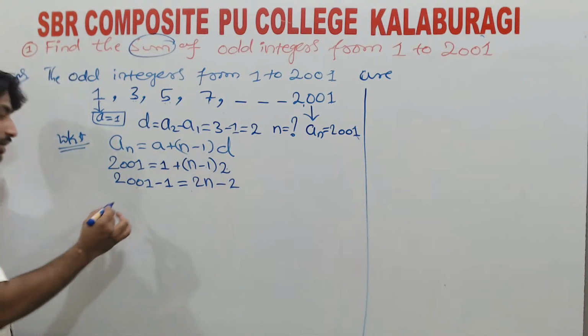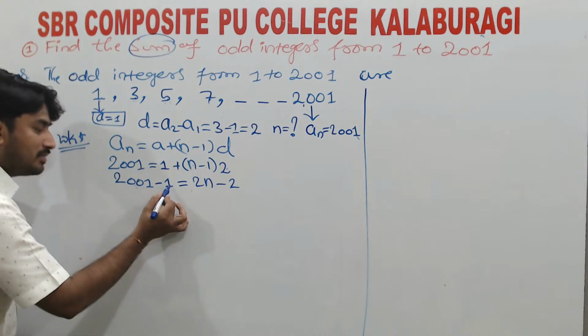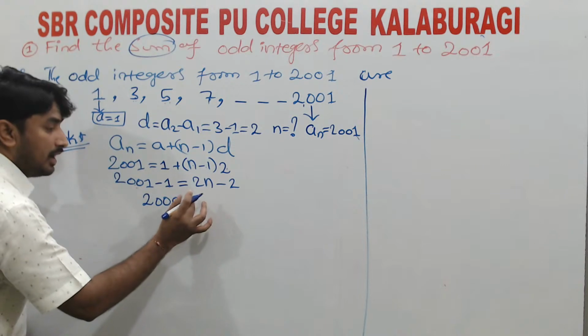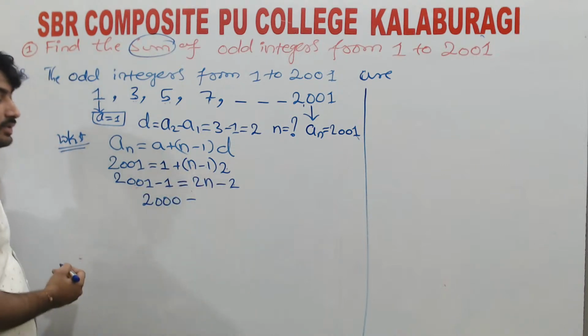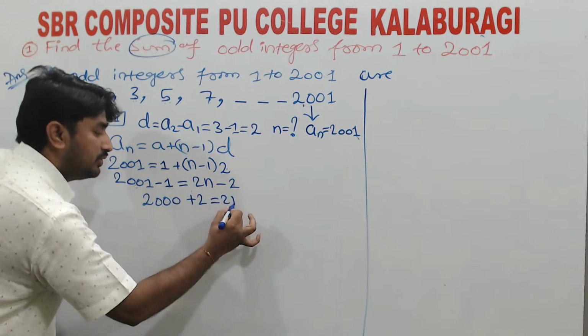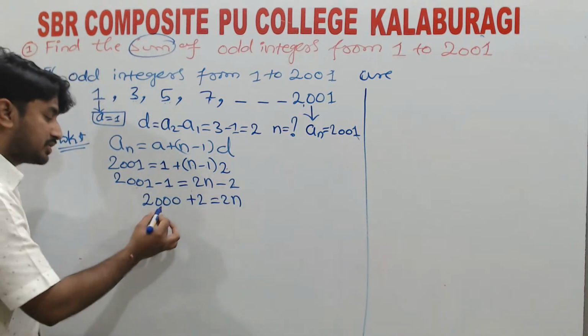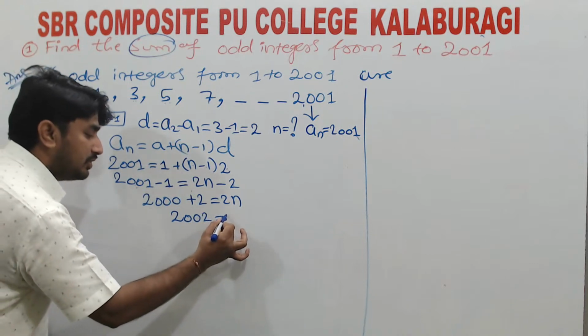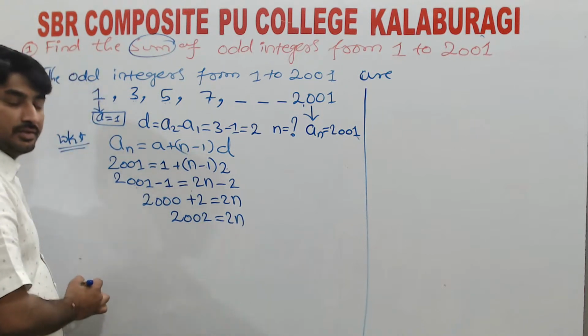Now 2001 minus 1 is 2000, and taking minus 2 to the LHS, it becomes plus 2, equal to 2n. So 2000 plus 2 is 2002, equal to 2n.